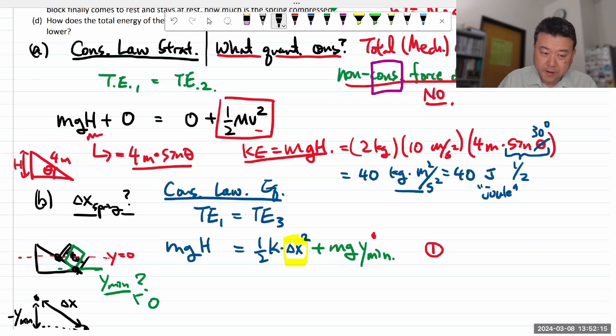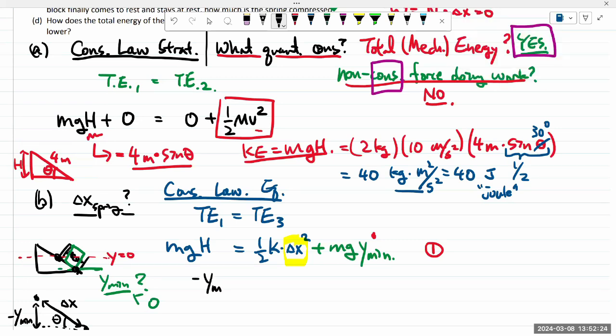And I hope as you stare at this, you see a right triangle. You can write down this equation that says minus y min, the opposite side of the angle, is equal to the hypotenuse, delta x, times the sine of the angle. That's it. That's my second equation.